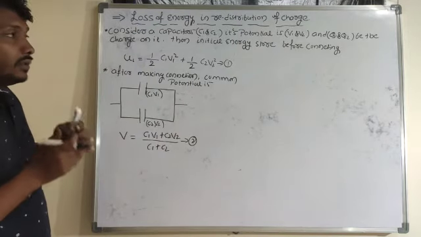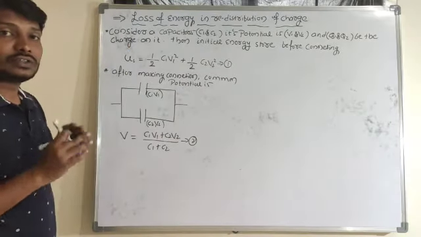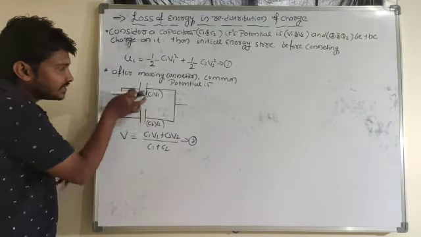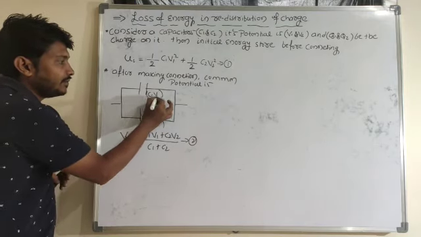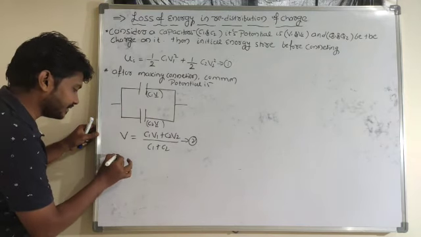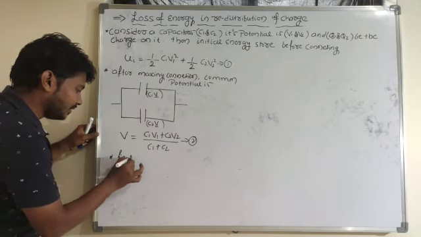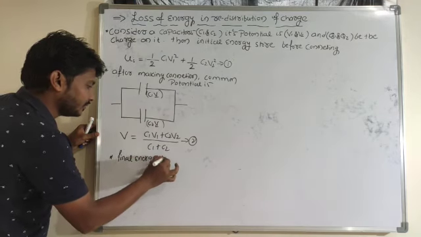Then what about the final energy stored after connecting here? After a certain interval of time, the potential of these two capacitors is V only. It attains a common potential. So let me consider the final energy stored.